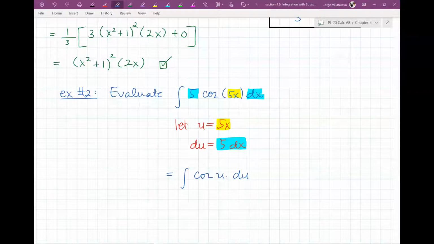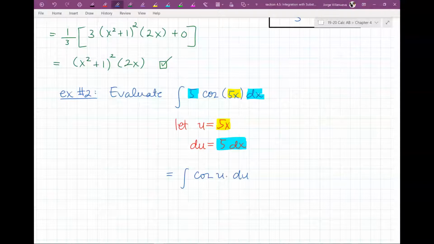Now, if you're wondering why we didn't get rid of the cosine, well, because we don't need to. We know how to integrate cosines and sines and tangents and all that other stuff. I know what the integral of cosine of u is. I don't know what the integral of cosine of 5x is. Well, I do, but with substitution, I can figure that out.